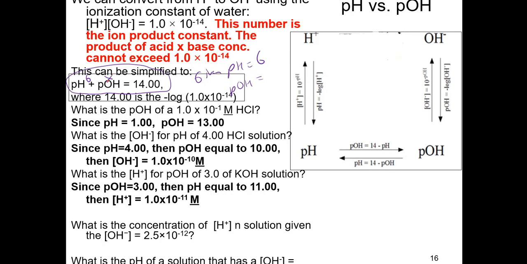Here's our X. So we have 6 plus X equals 14. X is going to equal 8. So therefore the pOH is going to be 8. So let's do an easier one just to start off with.